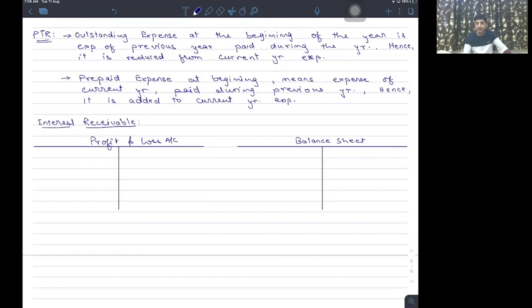Now, how will it appear? The interest receivable. Understand and observe. In the P&L account, onto the credit side, we'll have by interest. Please remember, my dear friends, you can never buy the interest. You can only have the interest.